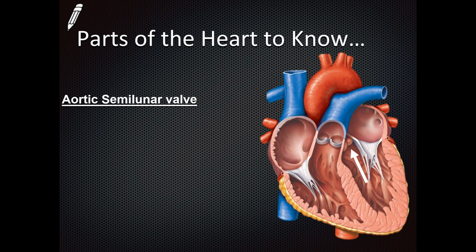Let me go ahead and label that real quick, spell that out for you. Mitral, this is the mitral valve. That separates the left atrium from the left ventricle. So it'll pass through the mitral valve into the left ventricle.